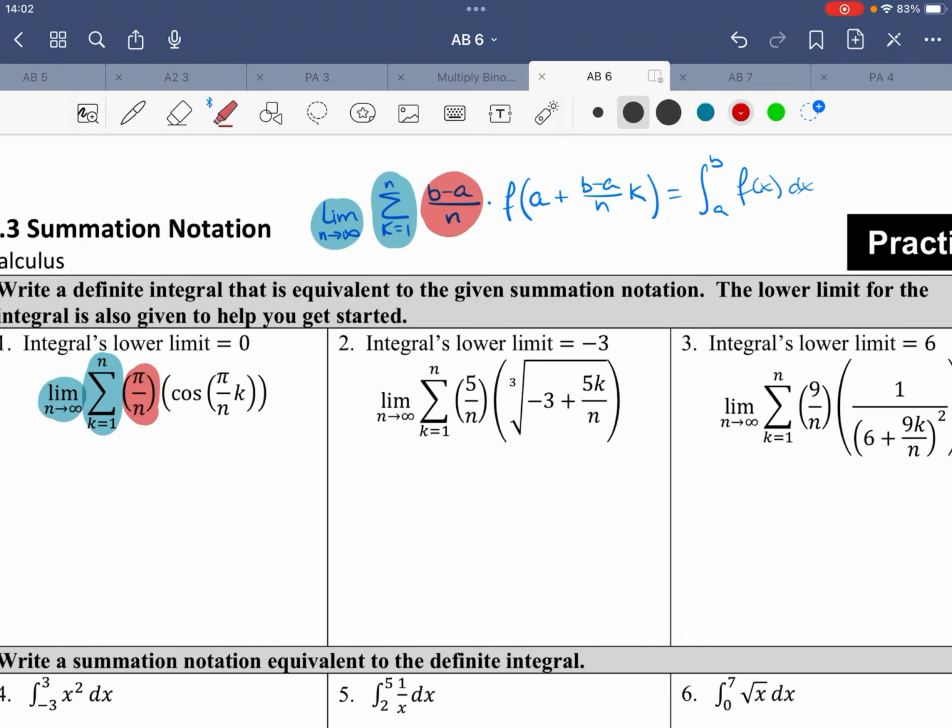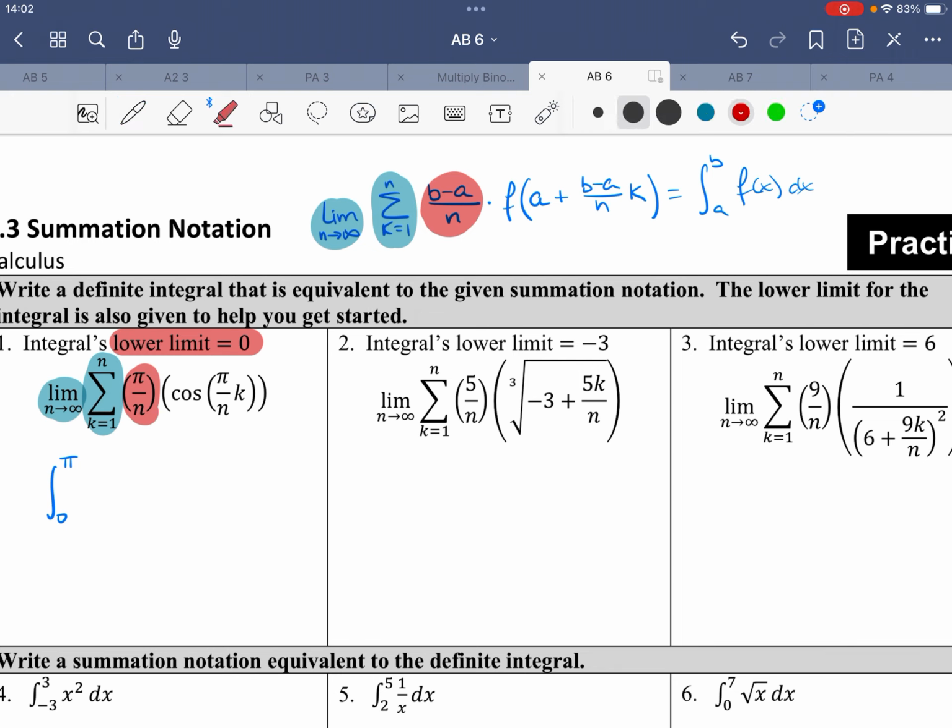This and this look pretty similar. I have a quotient over n, and since they tell us the lower limit here is 0, I know that a equals 0. Since this is b minus a, that has to be pi, from 0 to pi.